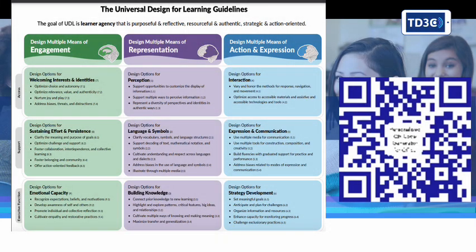So the Universal Design for Learning guidelines are based on the three pillars as we have already presented: the one related to engagement, representation, and then action and expression.